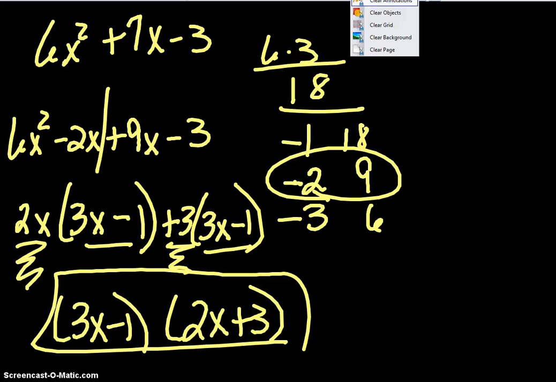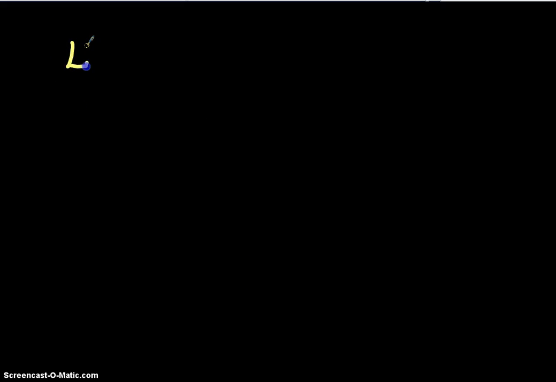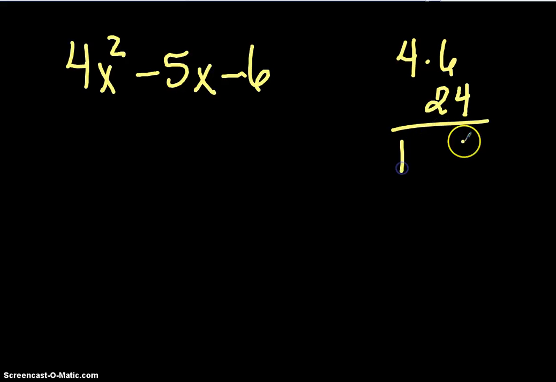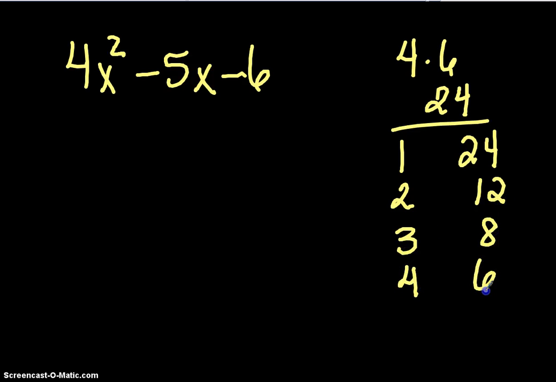Okay, one more, and then we'll go to the assignment. If you had 4x squared minus 5x minus 6. 4, 5, and 6 have nothing in common. So you're going to say 4 times 6, and you're going to get 24. The factors of 24 are 1 and 24, 2 and 12, 3 and 8, 4 and 6.